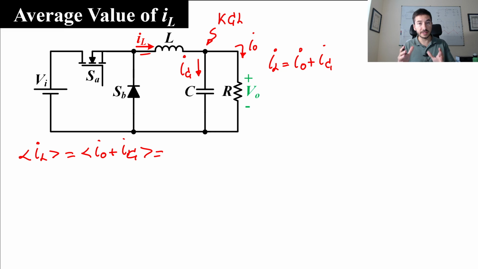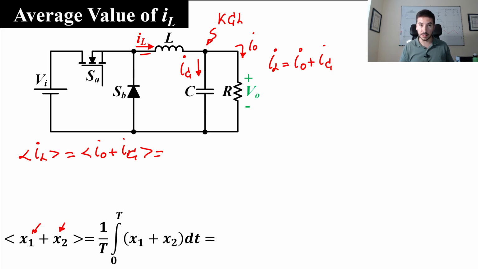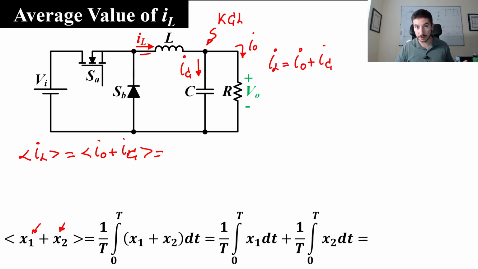And now we will take into account a property of the average value. If we do the average value of the sum of two waveforms, x1 and x2, we can apply the general definition. Is this one. But if we apply a property of integrals, that is, we can split the integral in two parts, we have this expression, where we have the integral of x1 and the integral of x2.